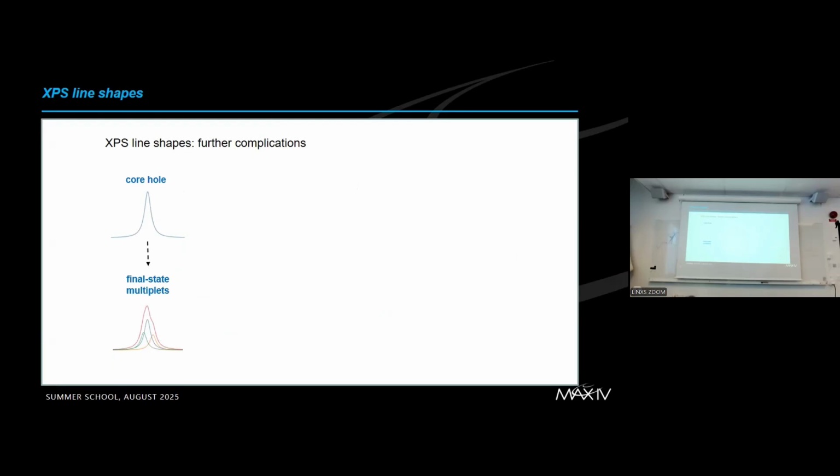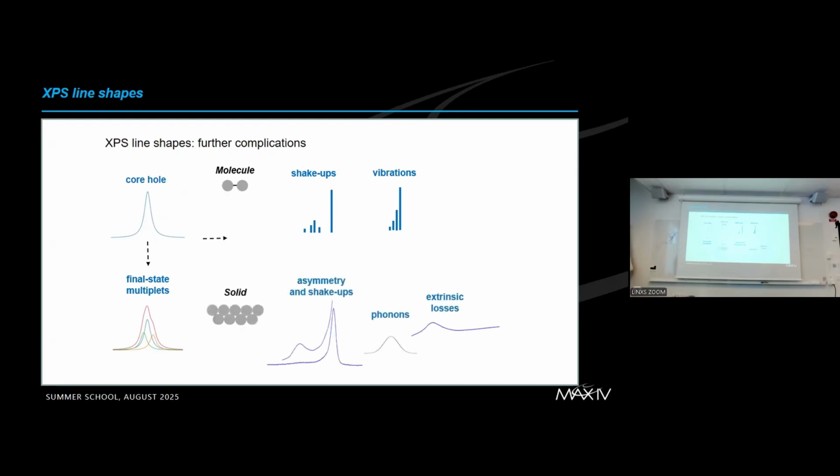So we may have so-called final state multiplets. We'll go later into that. In molecules, we can have many-body excitations like shake-up satellites and shake-off satellites. We can also have molecular vibrations, which are reflected in the shape of the lines. In solids, the shake-up corresponds to a broader peak, shake-up satellites, and also to asymmetry of the lines.